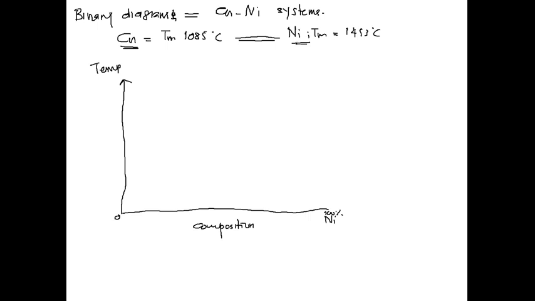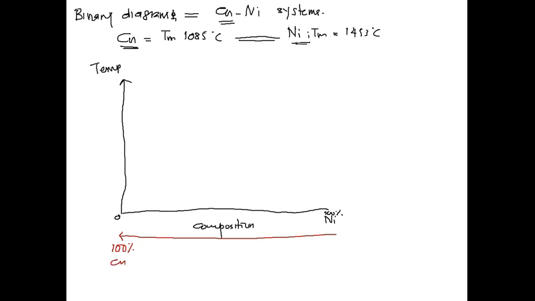But remember, this is a binary diagram, where you have two different metals. So where is the composition of copper? The copper must be inverse with the nickel. But we will leave that one silent, so it is mutually understood. So at 0% of nickel you have 100% of copper.